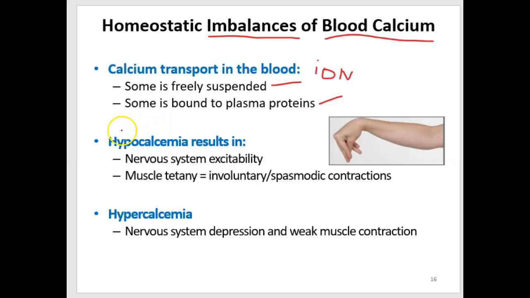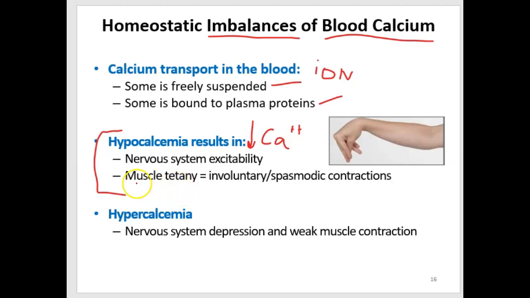So when hypocalcemia occurs, that means that the blood has too little calcium, less than normal, below 9.2 milligrams per deciliter. Okay. Now, strangely enough, if you had low calcium, you would think you would not be able to form muscle contraction.